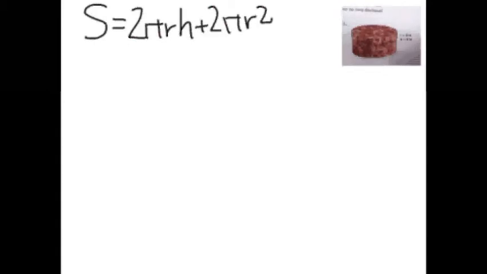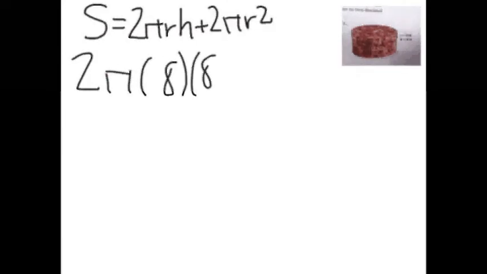First, you're going to write the formula, which is surface area equals 2 pi r h plus 2 pi r squared. So 2 pi, the radius is 8, the height is 8, plus 2 pi, the radius is 8, squared.